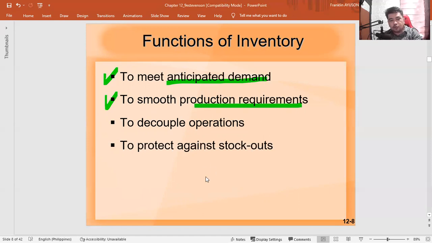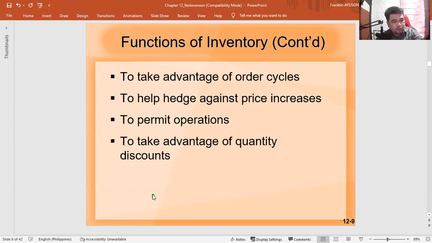More so, maintaining inventory can also decouple our operations. If we do not have enough inventory, that may cause a stoppage in the organization. And of course, it protects against stockouts. So these are the different functions of inventory.